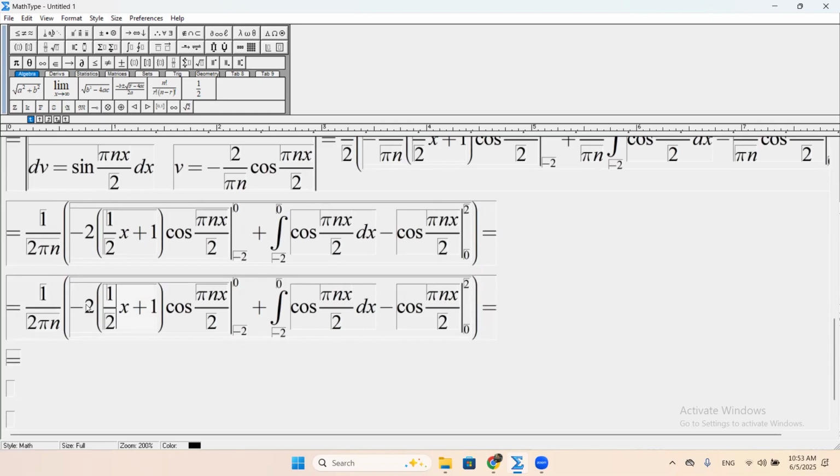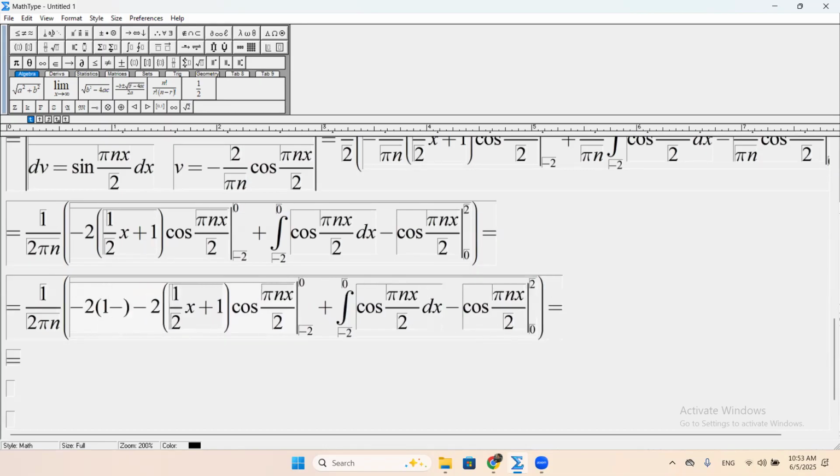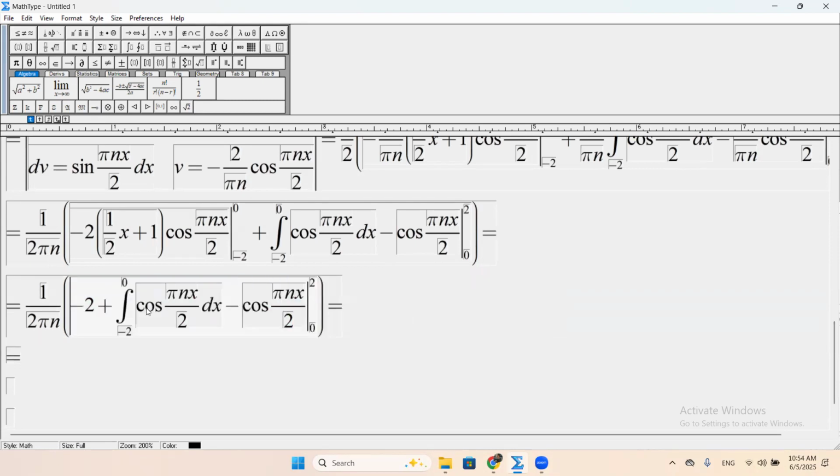So -2 multiplied by 1 minus, and if I substitute 2 here, I will receive 0. So just -2 instead of this huge expression, -2.